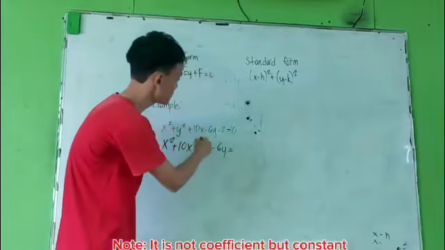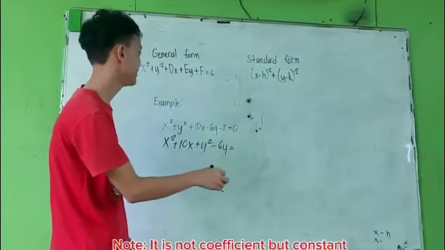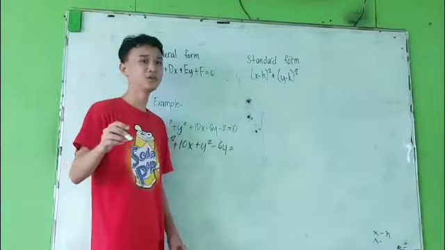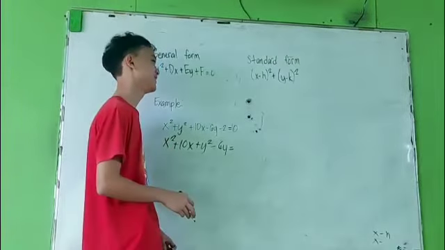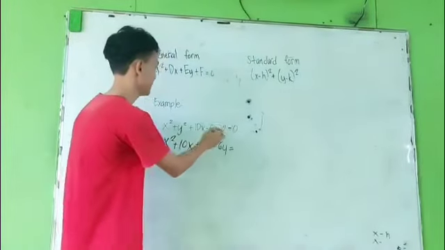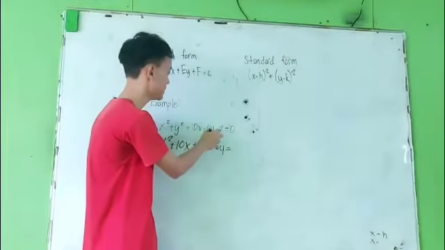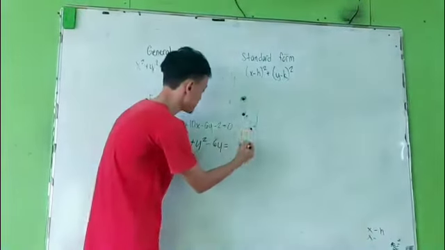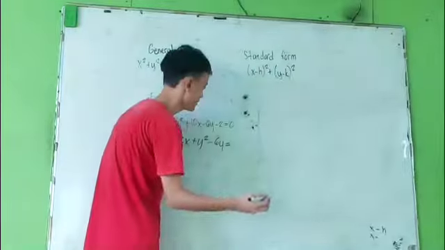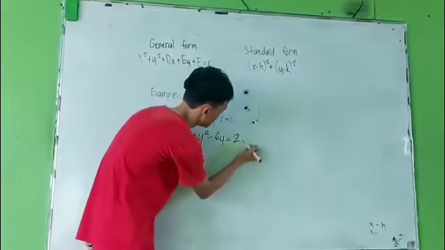And when transposing a coefficient or a constant, you need to change the sign. Example, here we have negative 2. When transposing it to the right side, it will become positive 2.